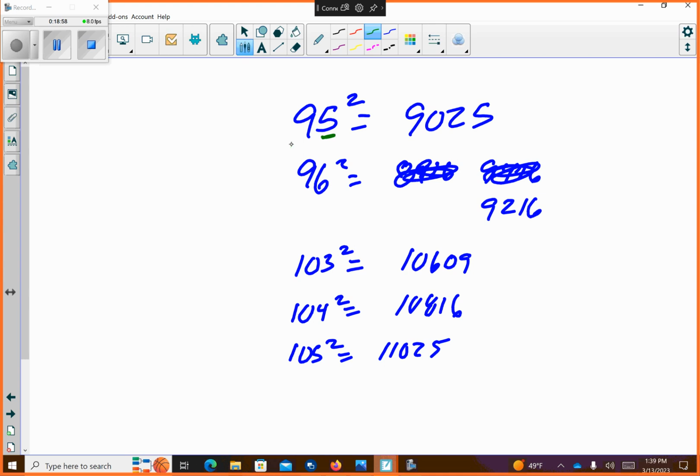I'm 5, so you subtract 5 from the 95. This one would have been, I'm 4 away from 100 gives me the 16, and then subtract 4 from the 96. When it's above 100, you go, I'm 3 away from 100, so square 3 is 9, so it's going to be 09, and add the 3 away from 100 to make it 106.